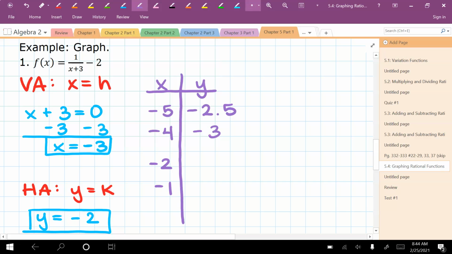Okay, take a minute and try to fill out the other side of that chart there.